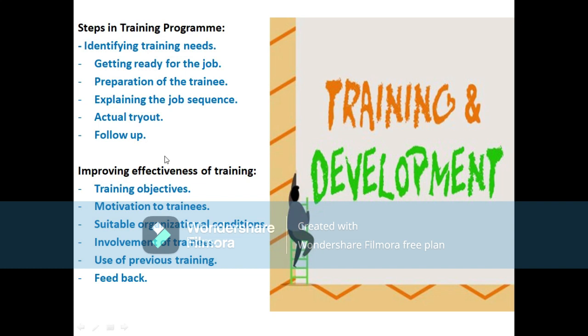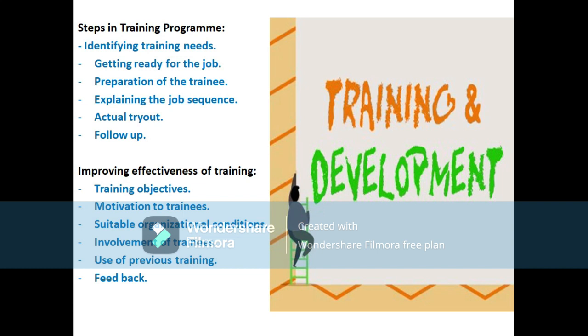What is the availability of manpower resources, and the deficiencies in performance should also be discussed. The analysis of organizational goals will also help in determining the training needs. According to the organizational objectives also, we have to identify what needs we have to undertake. Without determining proper training needs, a systematic program for it will not be possible.